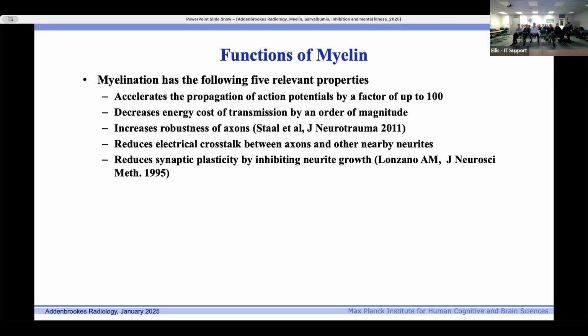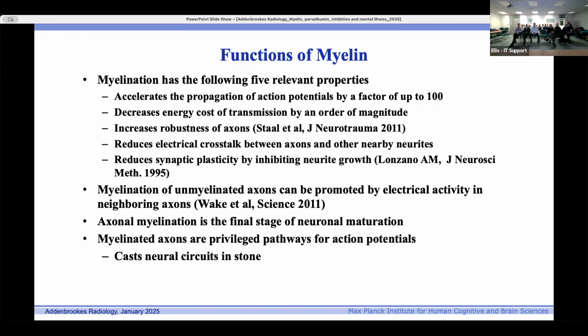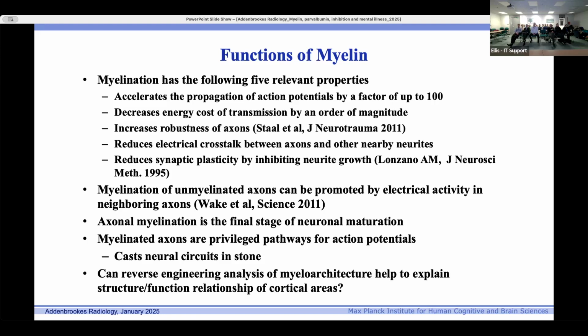So it casts areas of brain cortex in stone. Myelination of unmyelinated axons can be promoted by electrical activity, as I was saying. Axonal myelination is the final stage of neuronal maturation. Myelinated axons are privileged pathways for action potential.